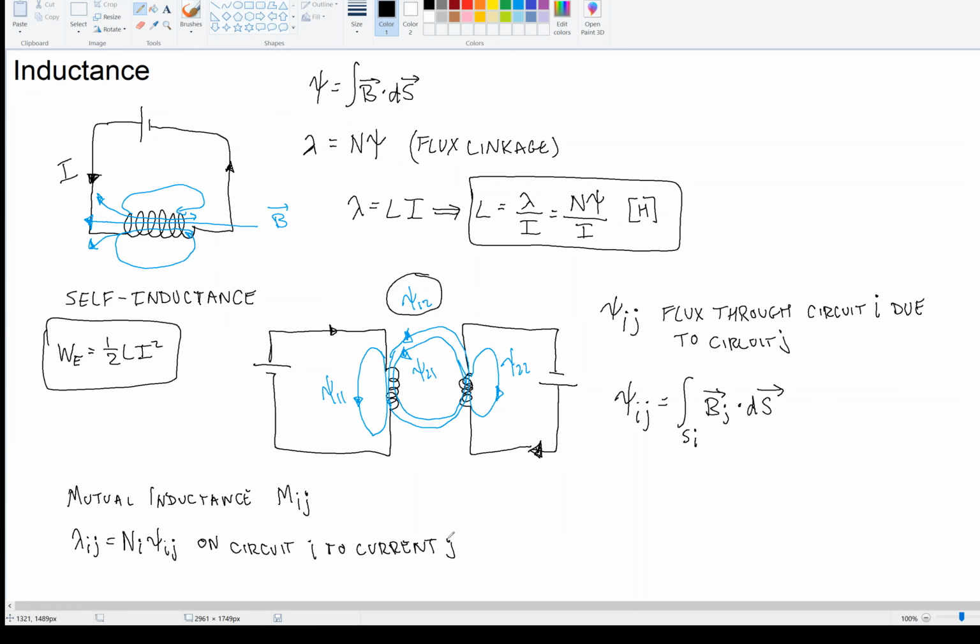Okay, so we can express the mutual inductance like this. Mij is the ratio of flux linkage.